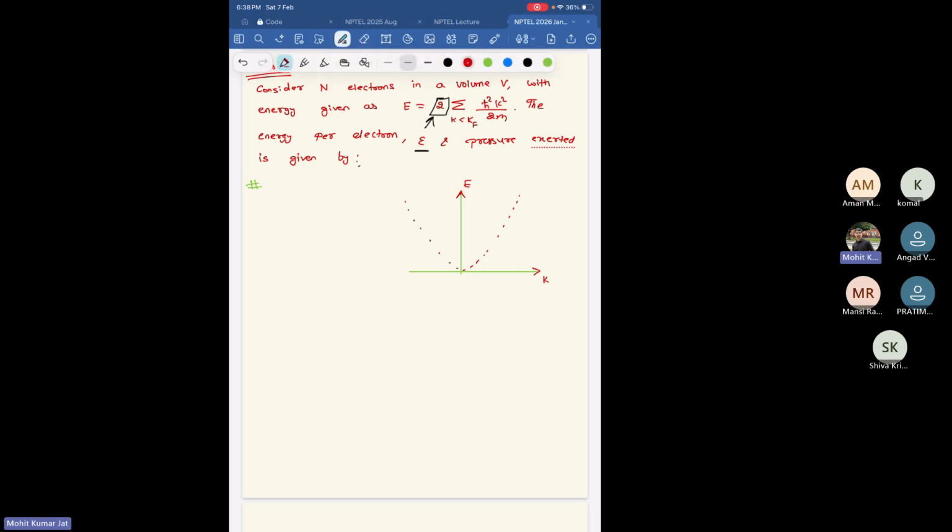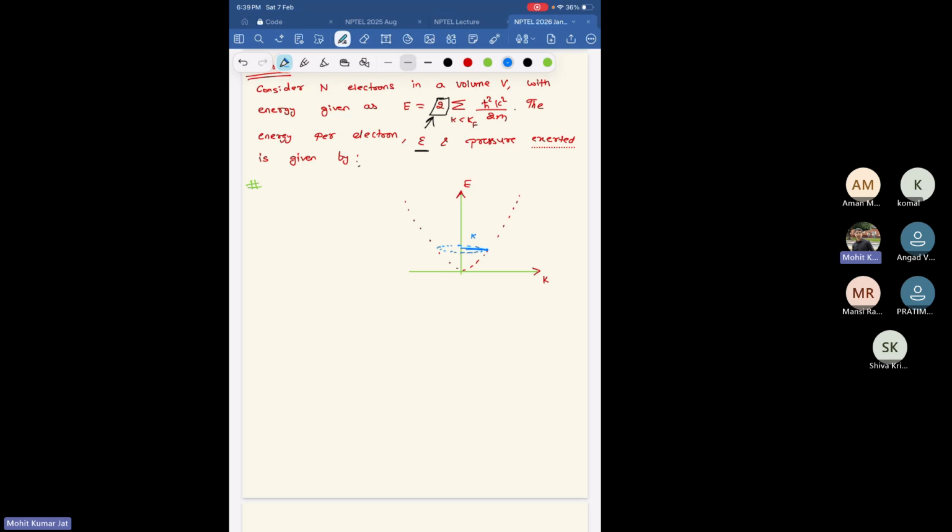Now, when you are sitting at this point, it will be in 3D, so it will be something like this. So this will be your kf. Let's say this is your wave vector k. At this point, your energy is there, and you will write the energy E as a function of k.